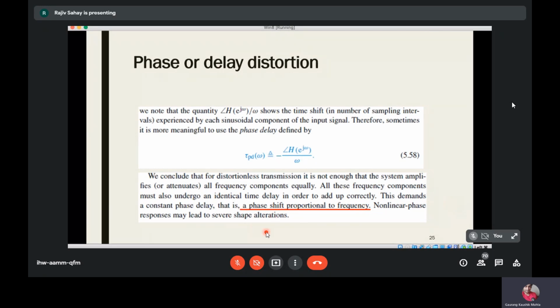Non-linear phase responses will be having a variable term here. It will not be constant. For different frequencies, this number will be different for non-linear phase response. Phase shift should not be constant. It should be proportional to frequency. Please make a note of this, whatever I have underlined in red.